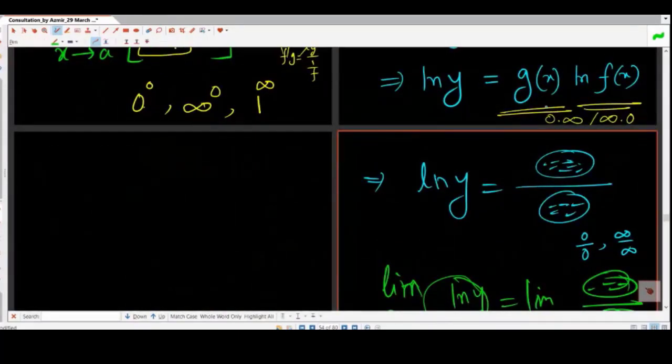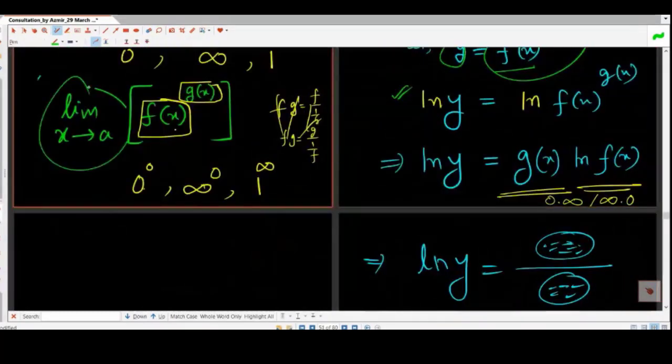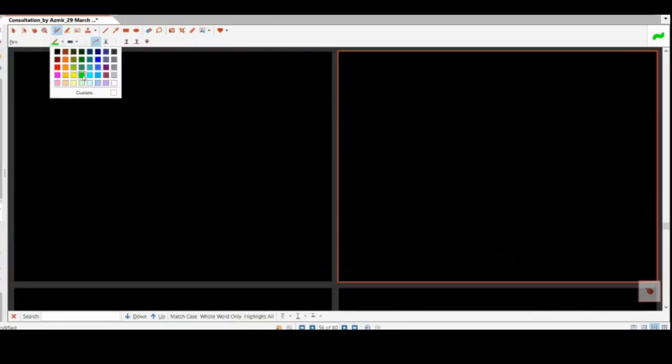Try to convert that product form to the ratio form and take this limit now. So you will get 0 over 0, infinity over infinity. That means we can apply L'Hopital's rule. But the result that we will find will be for natural log of y. But we aim to get y. Our target is to get only y. We can think about a problem.